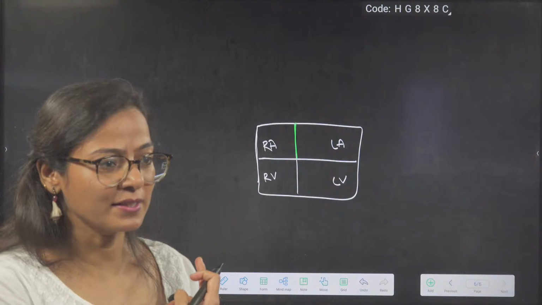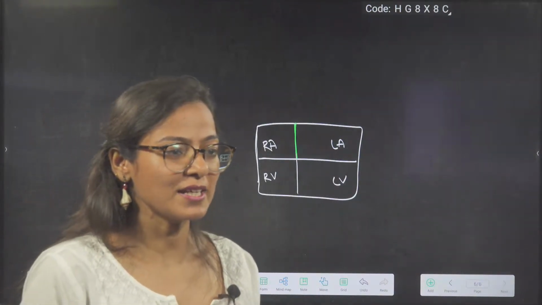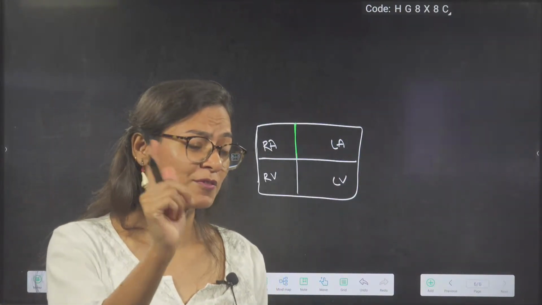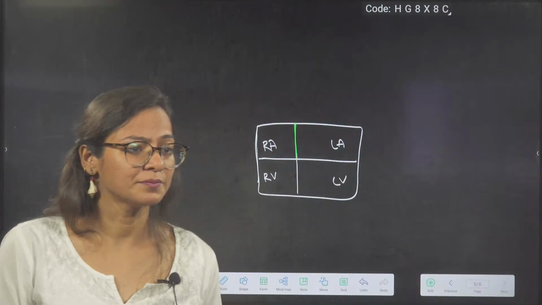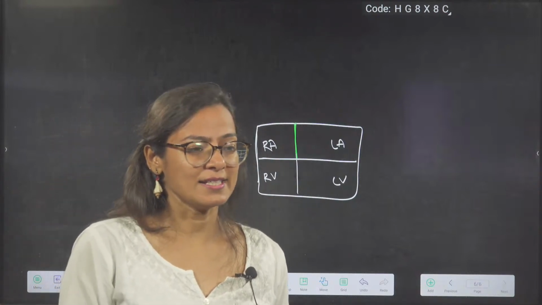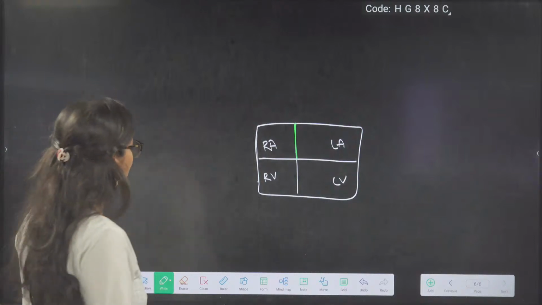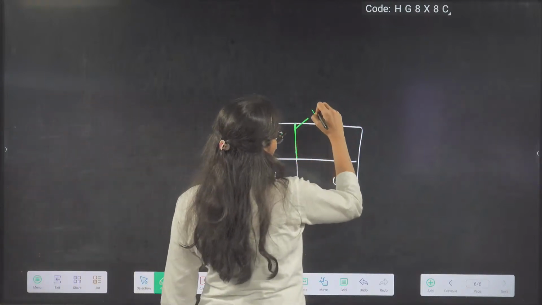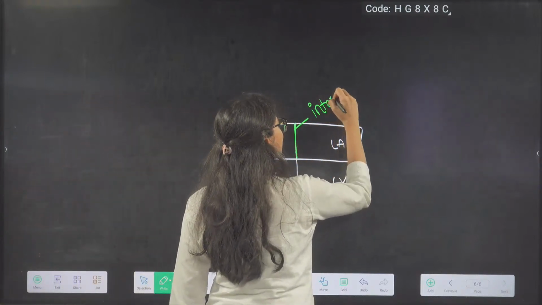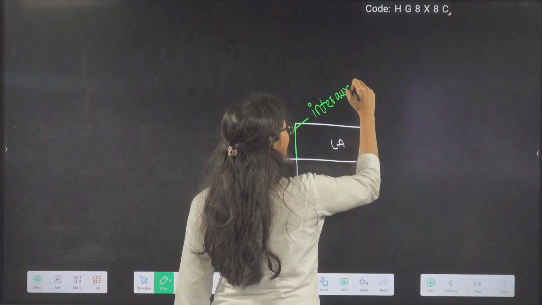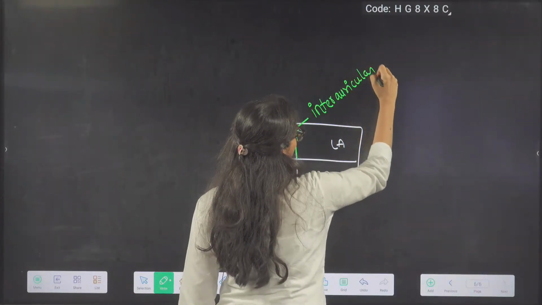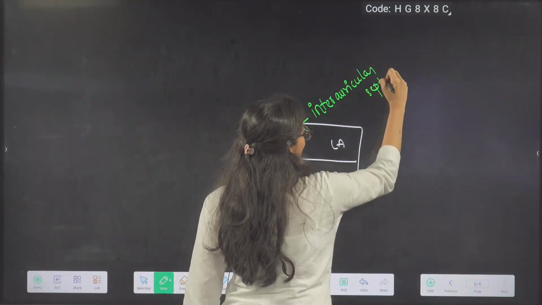What I have marked there? Which septum is that? What is the name of that septum? Tell me the name. SA node, Manju, SA node. Yes. This is interatrial or interauricular septum.